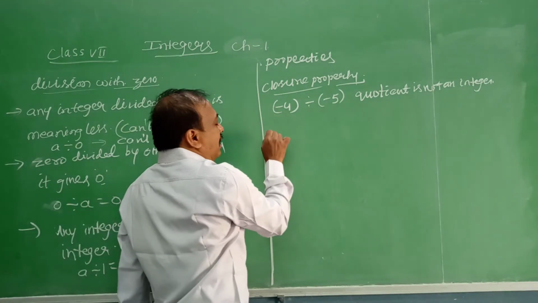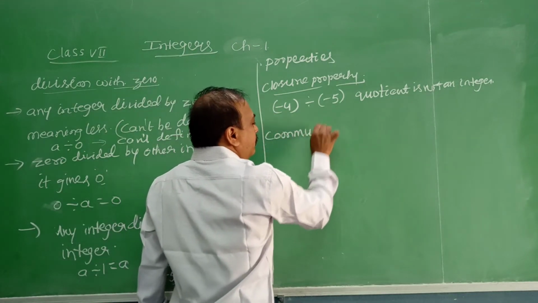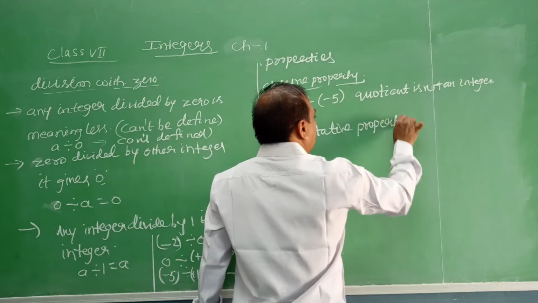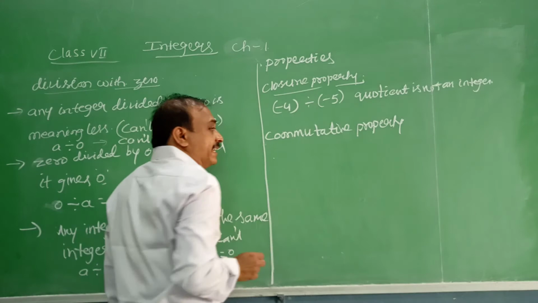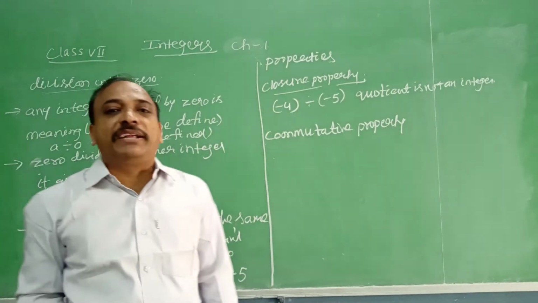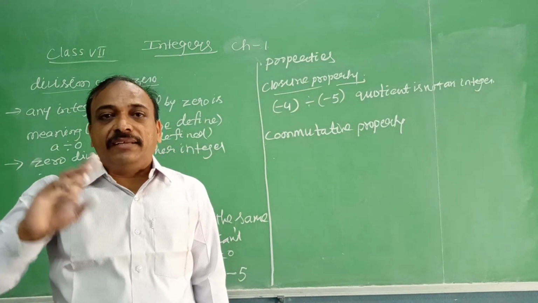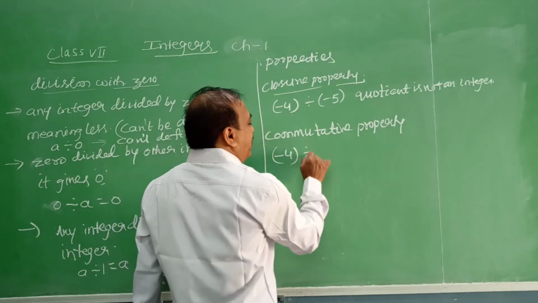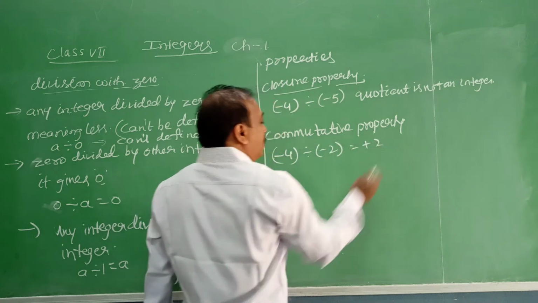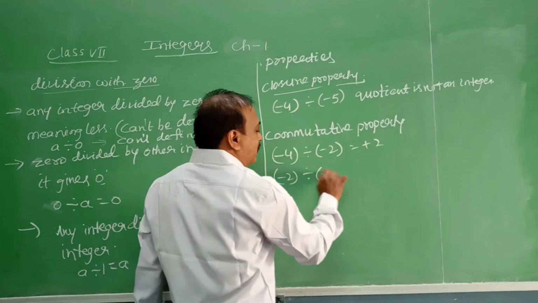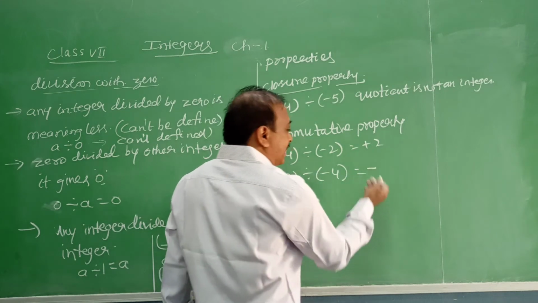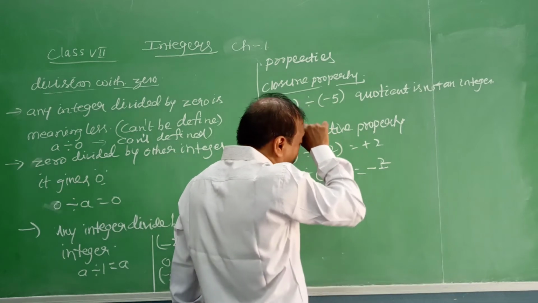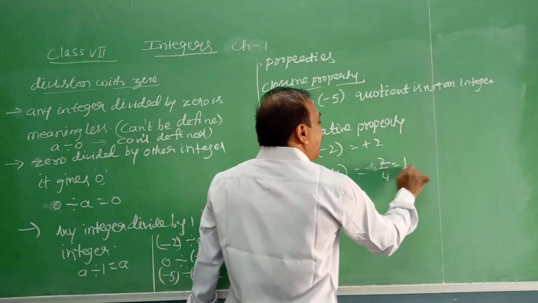Next, commutative property. Commutative property means a divided by b is equal to b divided by a. So however you divide, the quotient must remain the same. It's not. Minus 4 divided by minus 2, the result is plus 2, whereas minus 2 divided by minus 4 is not an integer, we get 2 by 4, which is 1 by 2.